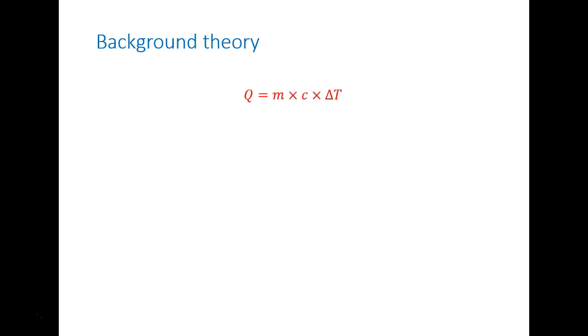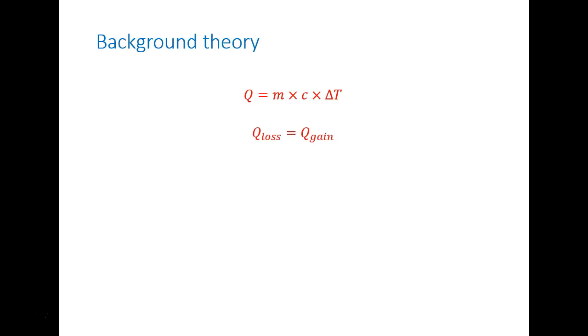Now remember the last lesson when we learned about the equation for heat. Heat is equal to mass times heat capacity times the change in temperature. We are going to combine this equation with the equation from the last slide.